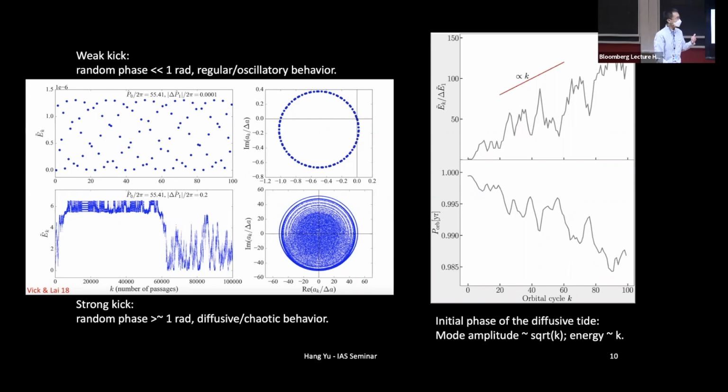And it then triggers the mode to grow as a diffusive process, or basically as a random walk process. Once diffusion happens, the mode amplitude grows as the square root of the number of passages, and the energy grows linearly. So this way, the mode can very quickly build up to a very large energy, and this can further make the tidal dissipation very efficient.